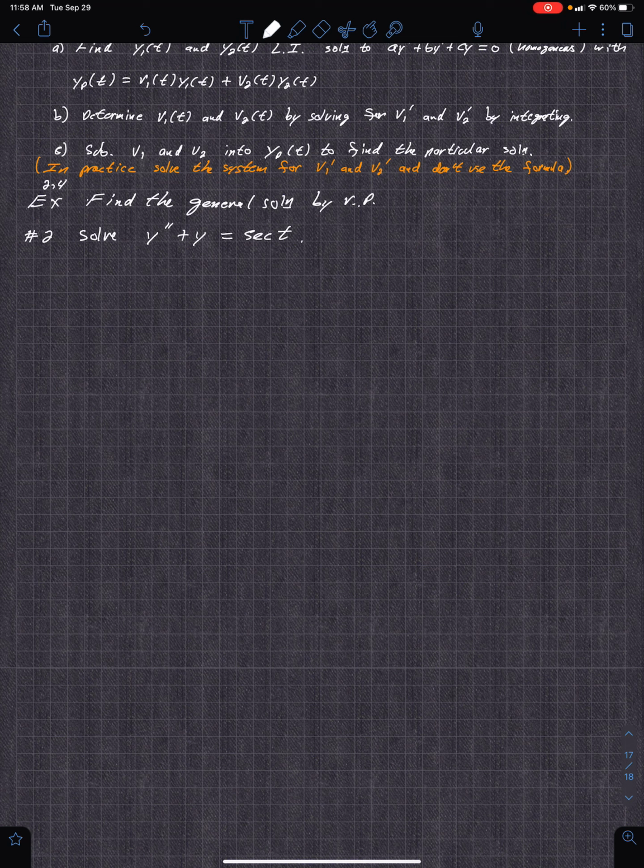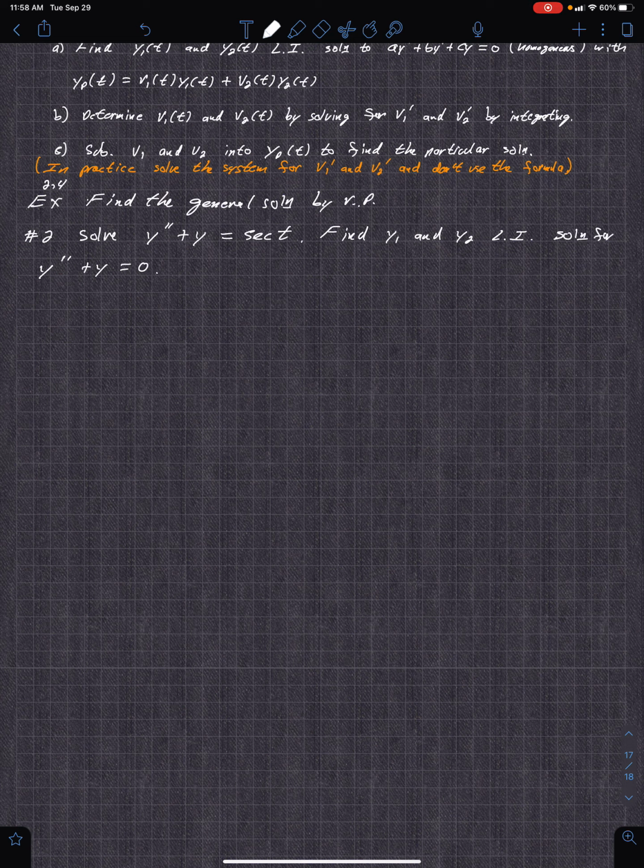So first find y1 and y2, linearly independent solutions for y double prime plus y equal to 0. So for the homogeneous case, of course.